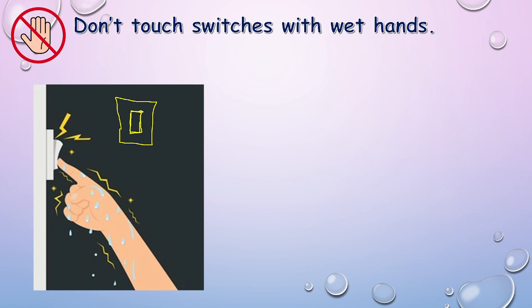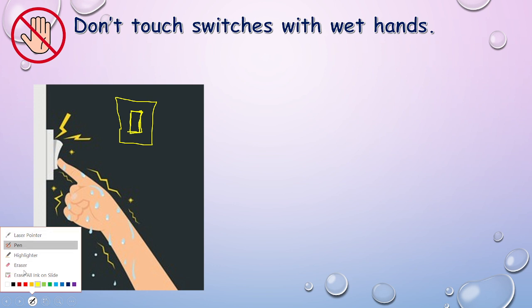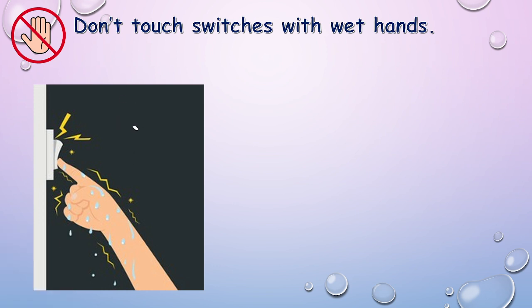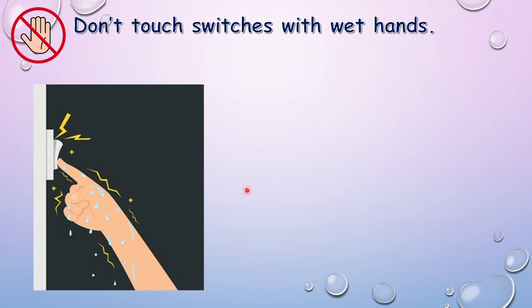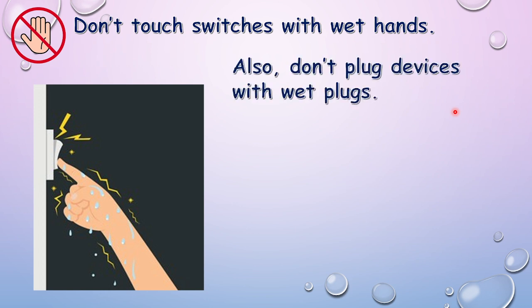Even if it is a very small space, if you have water on your hand, there is a chance that the electricity will still come out of this side. Small, small, small space. It can still come out. That's why it's still very dangerous. Even if you say, I tried it before, teacher, it's okay, don't worry, it's okay. No, there is a chance that maybe next time it will happen to you.